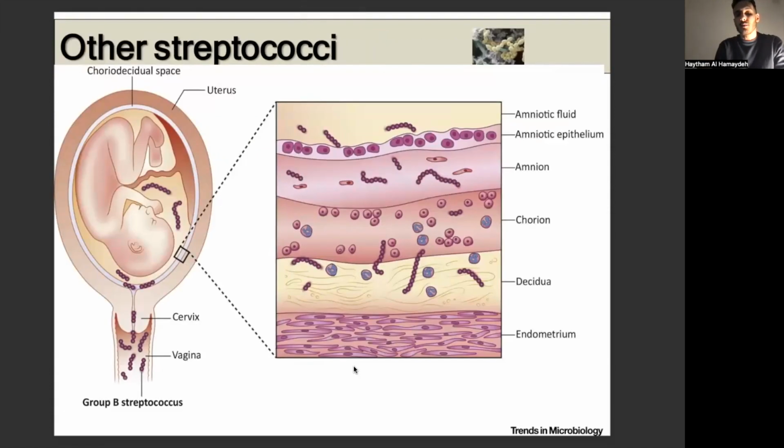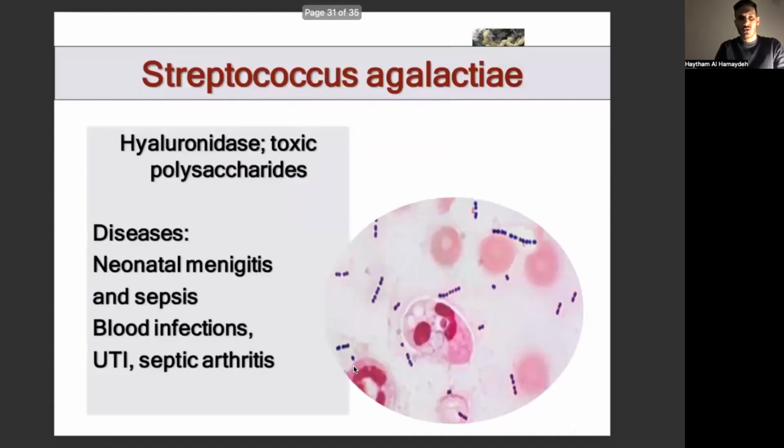This is just mainly agalactiae. If you hear the name agalactiae, this reminds you directly of the amniotic fluid, and basically babies are affected by it. Let me just make sure I'm saying that right.